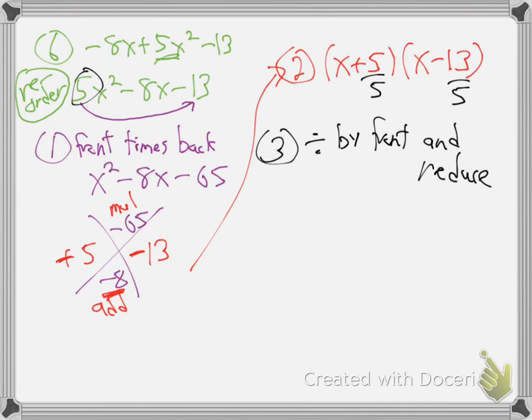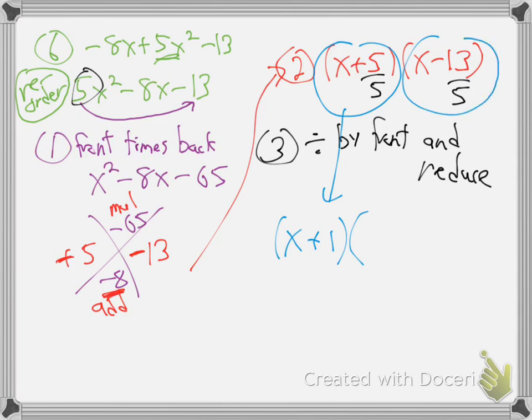So you can see this one is going to become x plus 1. This one's not reducible. 13 doesn't divide by 5, so the 5 will go right there: 5x minus 13. There we go. It's factored.